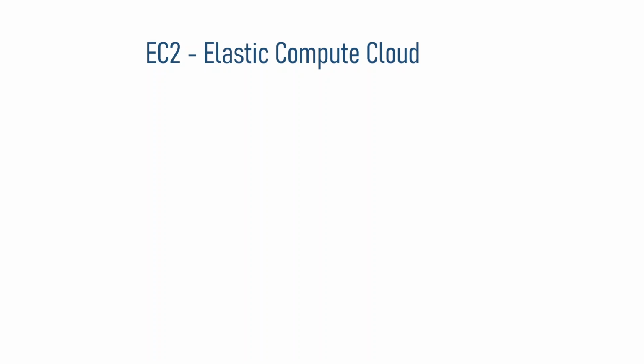Compute refers to the computing ability. So it behaves like a computer, right? That is why they mention it as compute. Cloud, in the sense, is available over the network and accessible through our laptop.